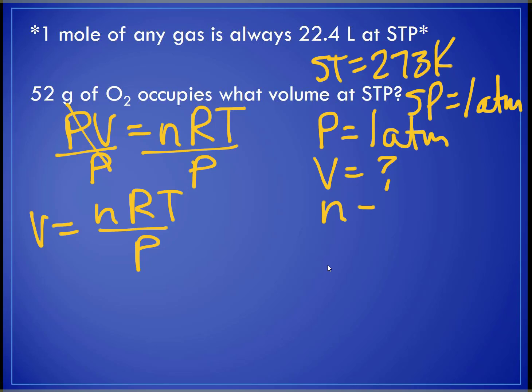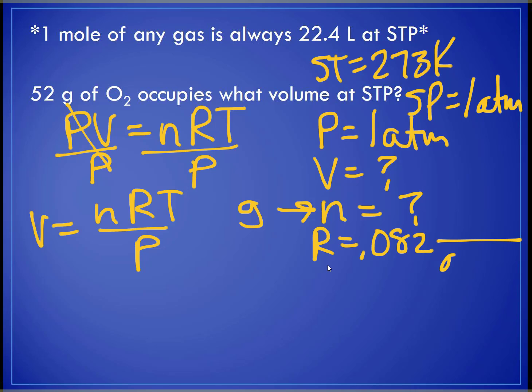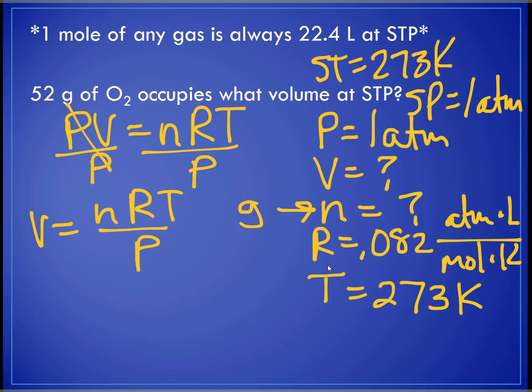Our number of moles, we actually don't know, but we are given how many grams. So we're going to convert from grams to moles, and then that will be our mole number. We know R, 0.082. I'm just going to round. And our temperature is 273 Kelvin.